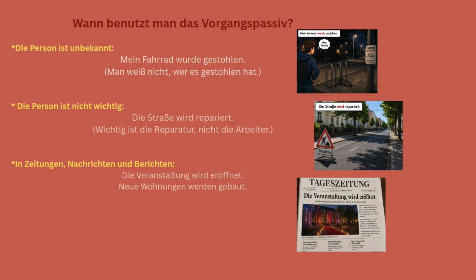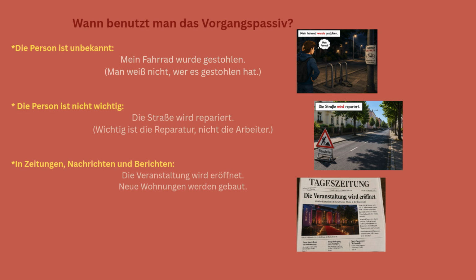Wann benutzt man das Vorgangpassiv? Die Person ist unbekannt. So here is the point of when we should use it. First, my friend's cycle has been stolen. So now my friend will tell me, mein Fahrrad wurde gestohlen.